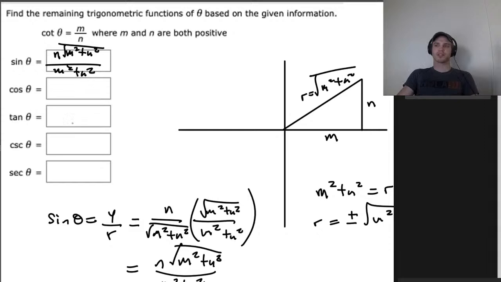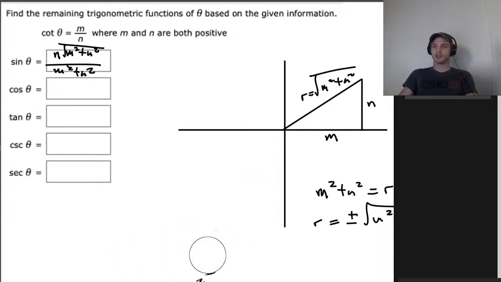Now, for the rest of these, I'm going to rationalize them, but I'm just going to do it very quickly. I'm going to assume that you know how to do this, unless someone posts a comment or a chat message about it. Cosine is the same thing, but with m instead. So this becomes m times the square root of m squared plus n squared over m squared plus n squared. Tangent is y over x, so it's n over m.